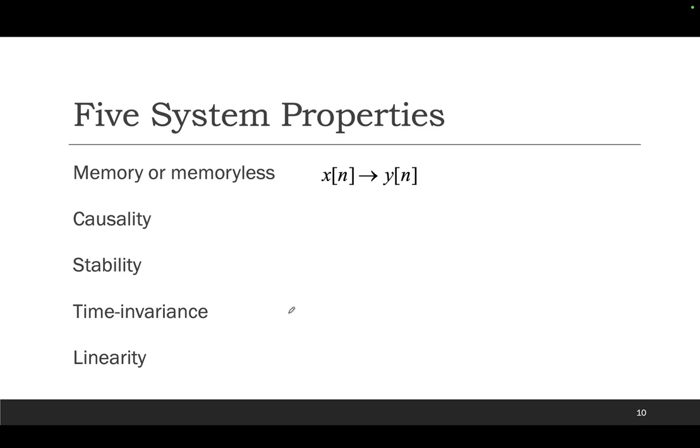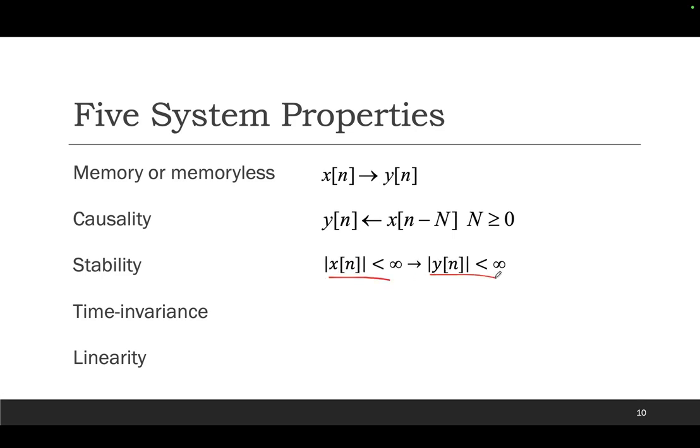Causality: the output depends only on the previous and present signals. Stability: if the input is limited, the output must be limited; if the output is limited, the system is stable.